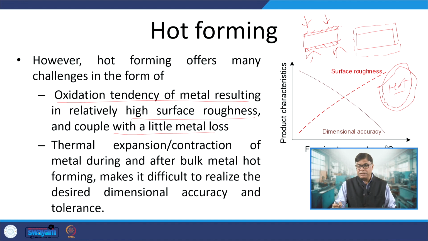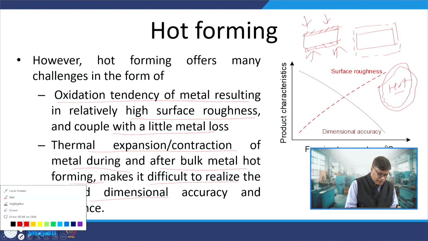So, this expansion coupled with the shrinkage leads to poor or limited control over the dimensions of the raw material or the semi-finished product which is being made by hot forming. Thermal expansion and contraction of the metal during or after the bulk metal hot forming process makes it difficult to realize the desired dimensional accuracy and tolerance.